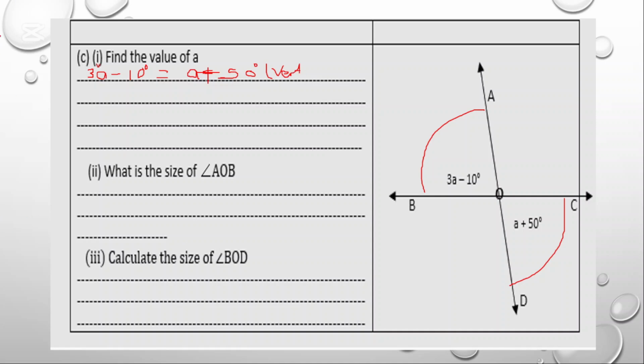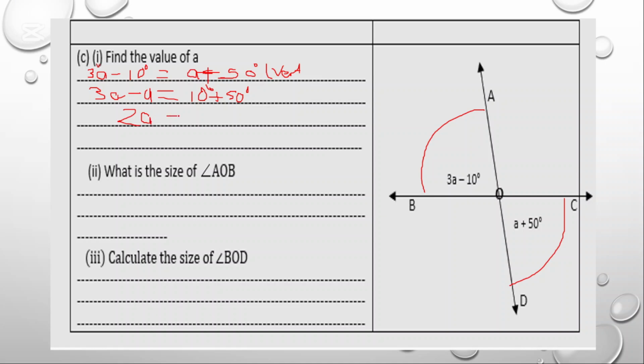Continue. We put all the A's on the left hand side and the numbers on the right hand side of the equal sign. So 3A, and that becomes minus A, is equal to plus 10 plus 50, right? And it's all degrees. 3A minus A is equal to 2A.